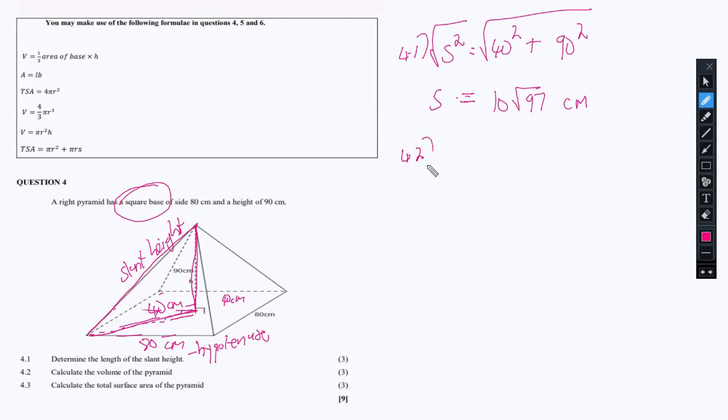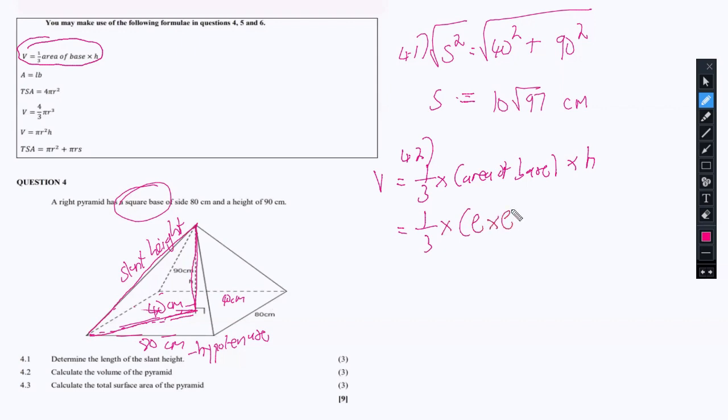4.2 says, calculate the volume of the pyramid. Now, if you check here, this is the formula for the volume of a pyramid. So we'll say V is equal to 1/3 times area of base times the height. Now the area of the base, we are told that it is a square base. So this will become length multiplied by length, and then times your perpendicular height.